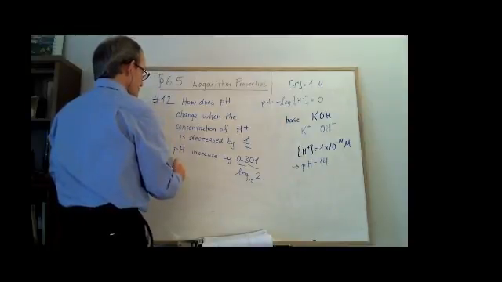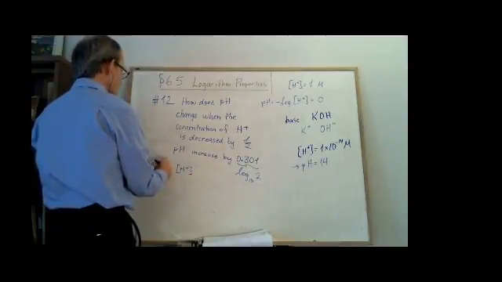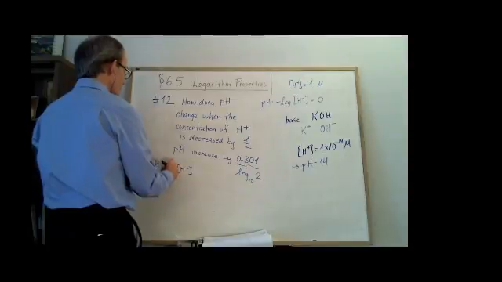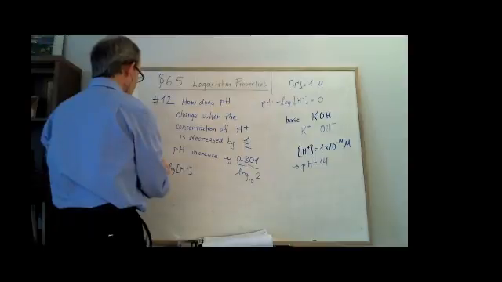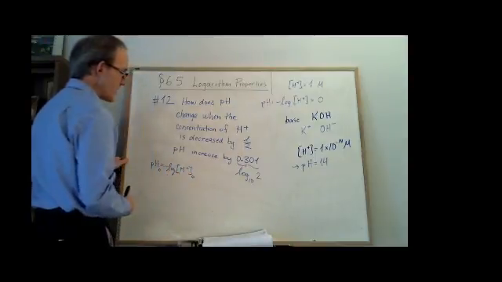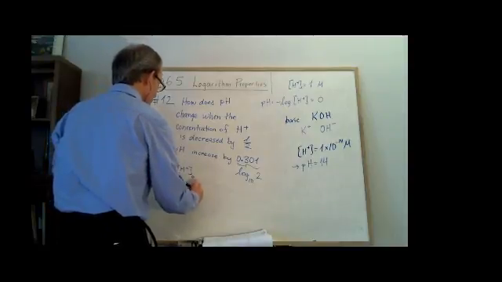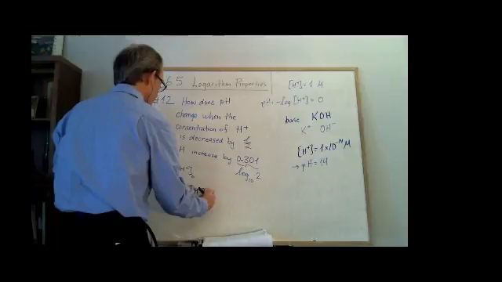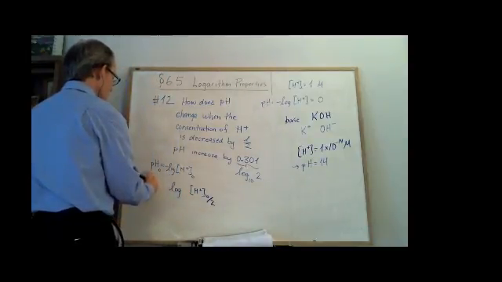Okay, so let's see how that works. If I take my original hydrogen concentration, the pH of that is minus the logarithm of this concentration. Call it pH 0, indicating the starting concentration. Now I divide by 2 to get the new concentration, and I call it pH 1.